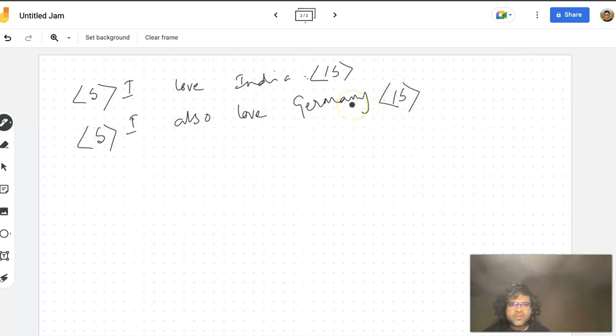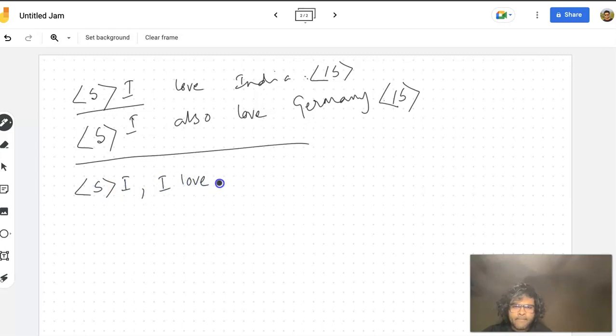Now we need to find the different bigrams. For this corpus, what are the different bigrams? First, start and I, then I love, then love India, then India and end.